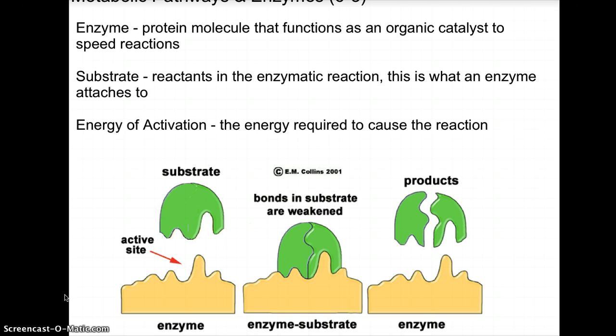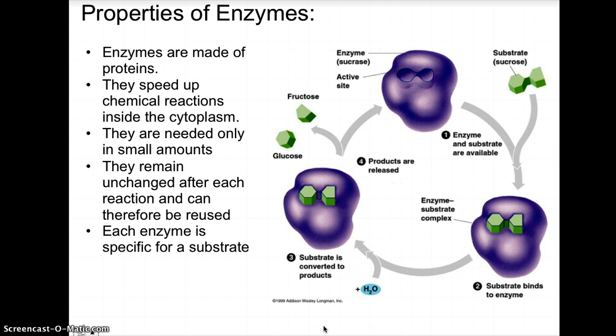There are two types of energy that we're going to look at here. There's the free energy, and that's the energy that is available to do work. And then you have activation energy, or also termed the energy of activation, that is the energy that's required to get a reaction going. So what enzymes do is enzymes will lower the energy of activation.